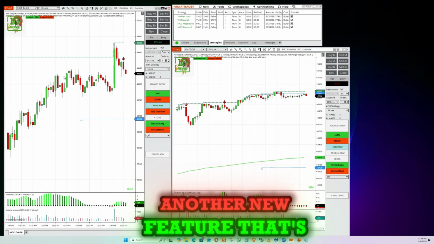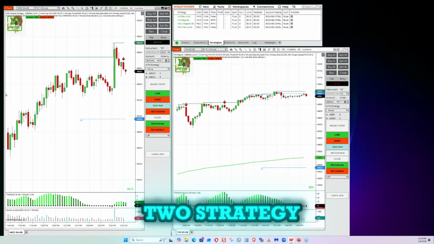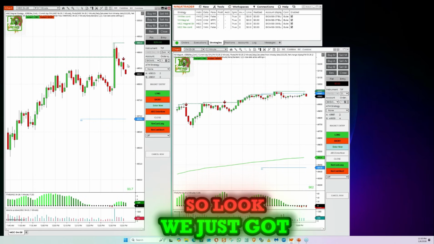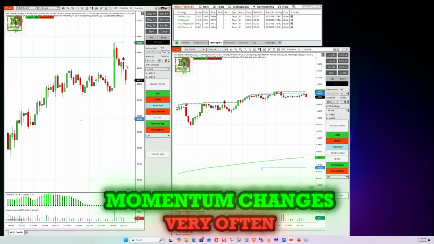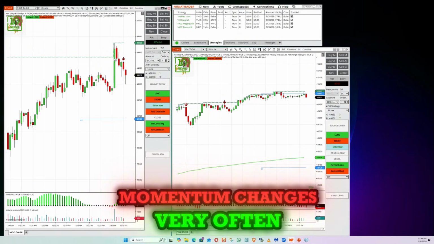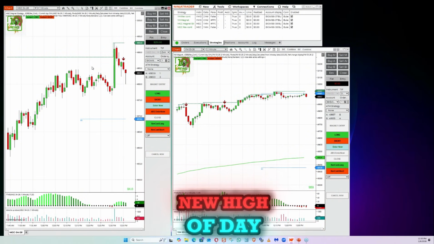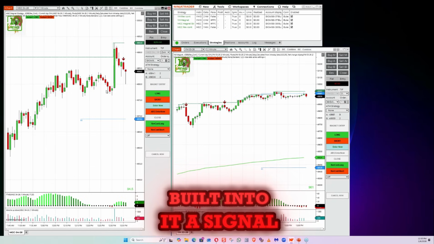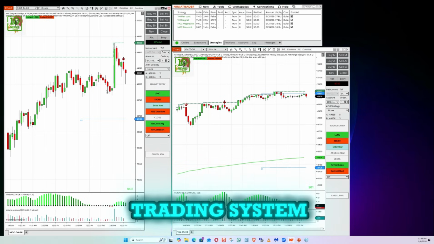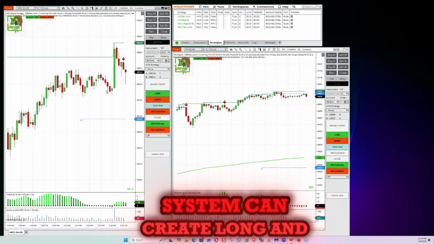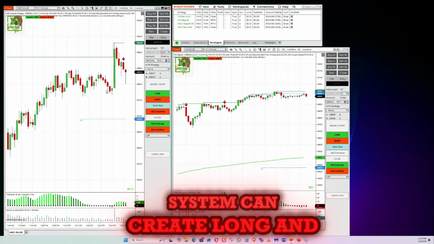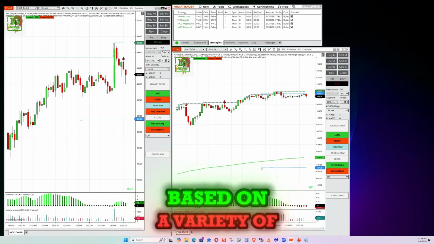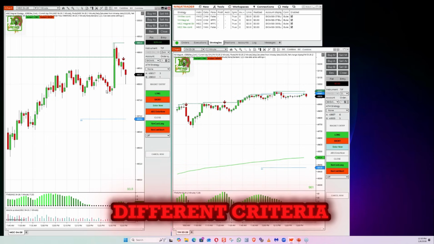Another new feature that's part of our Magnet 2 strategy. So look, we just got a signal. Momentum changes very often after you make a new high of day. Our magnet system has built into it a signal trading system. And the signal trading system can create long and short signals based on a variety of different criteria.